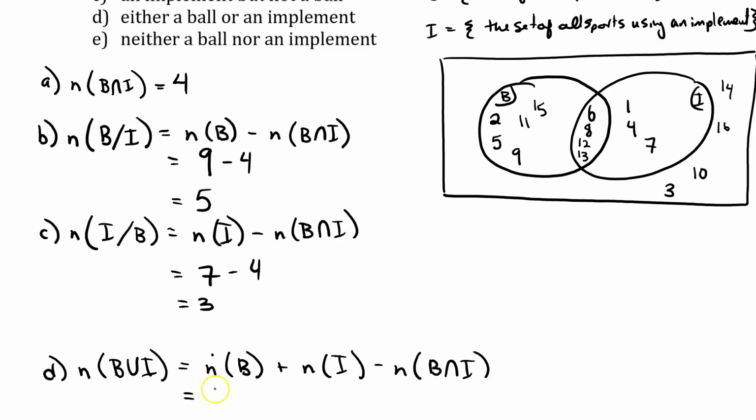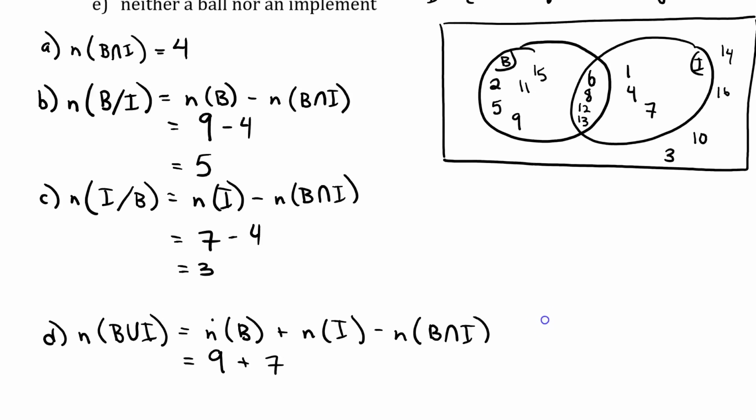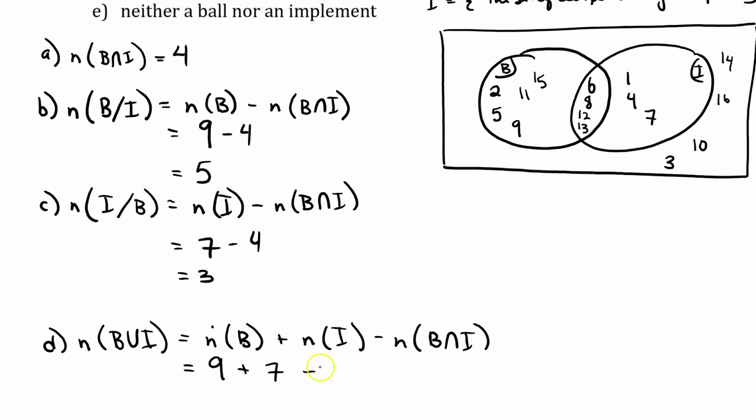The number in B we've already calculated as 9, plus the number in I, we've already calculated as 7, minus the intersection, which is 4.